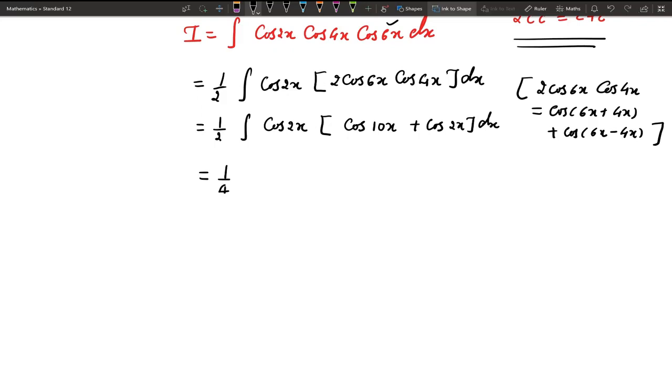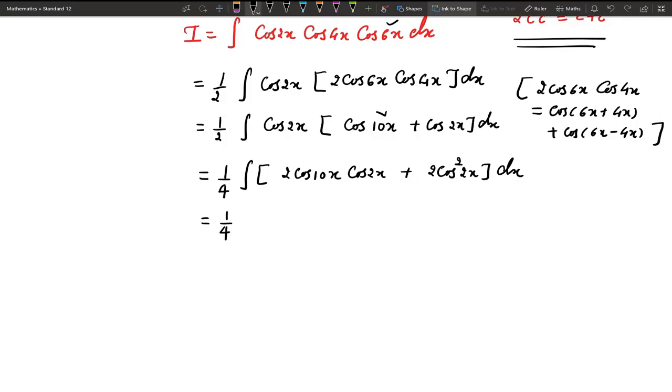Now again multiply by 2 and divide by 2 and again use the same result. So 2 into 2 is 4. In the integration we write the bigger angle, so 2 cos 10x into cos 2x plus 2 cos square 2x dx. In the first term we will use 2 cos A cos B, while in the second term we know how to integrate: we have to remove the power using the basic principle.